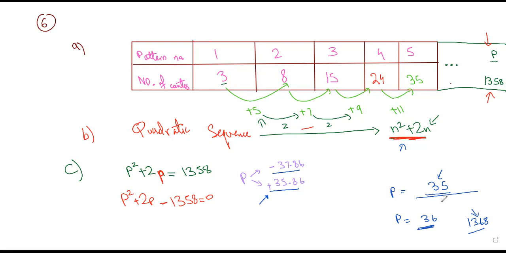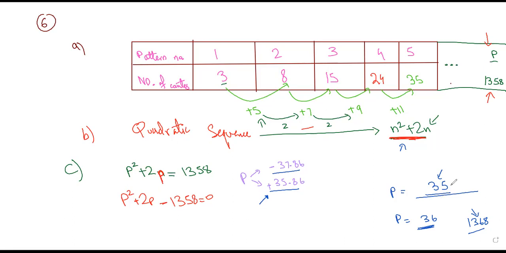Yes. Okay, Turhan. For such questions, you not only have to focus on the rounding, but also on the concept that he has 1358 counters only, and he cannot make pattern 36 because pattern 36 needs 1368 counters. So he is just going to make pattern 35.